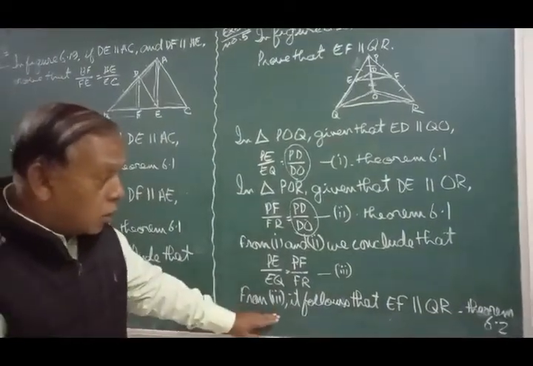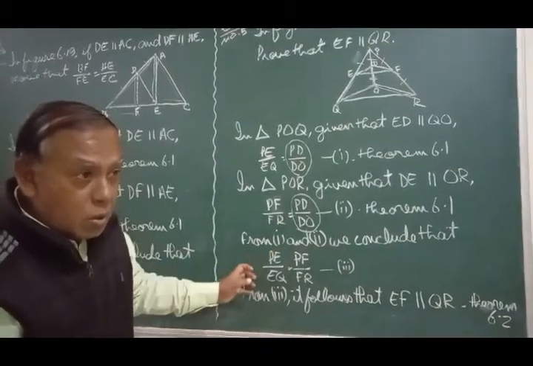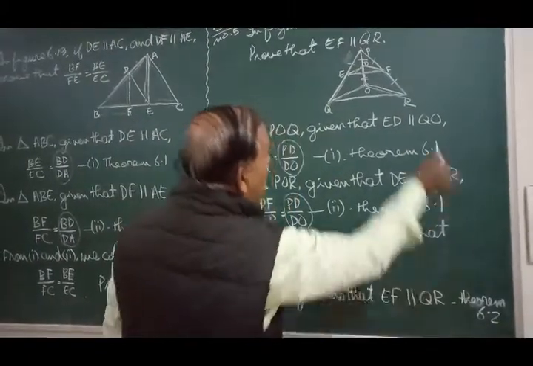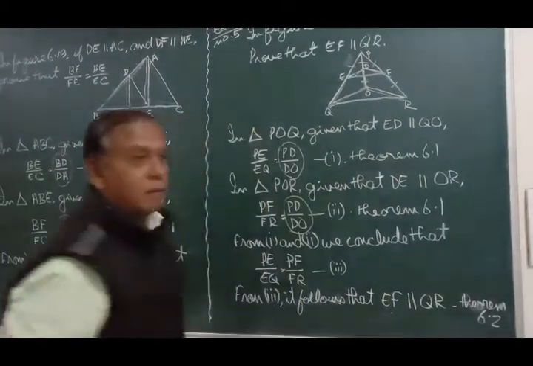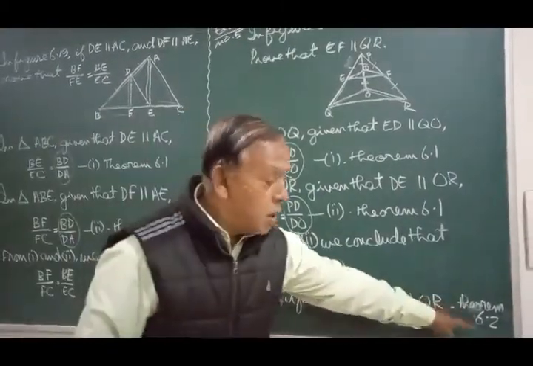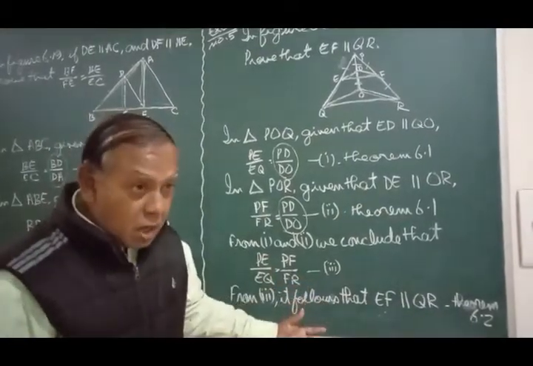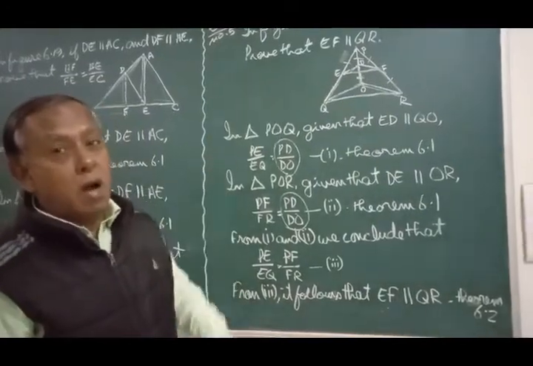And from the third conclusion, since the sides are in the ratio, therefore the two lines are parallel. EF is parallel to QR, and that is theorem 6.2. That is, if the sides are in the correct ratio, the lines are also parallel. That is what we are asked to prove.